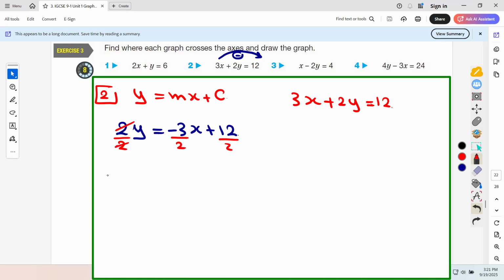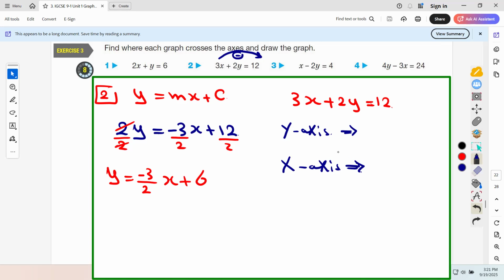So minus 3 divided by 2 would be minus 3 over 2, because there is no common factor between the 3 and the 2. So y equals minus 3 over 2 x plus 6. Very good. So the cross point with the y-axis and x-axis is what?